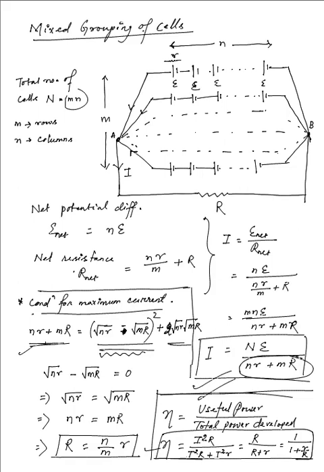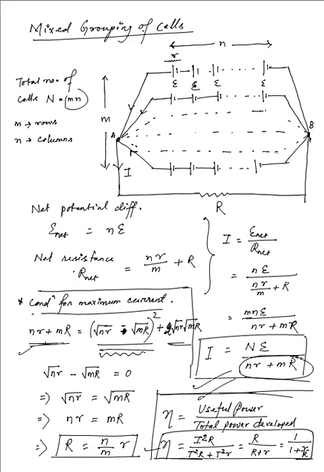Then we are done with the current and the resistance part and the cells that are involved in a circuit. Now we'll be learning about a few rules or laws that govern the working in a particular circuit. The first and foremost laws at this level that we are to learn are Kirchhoff's laws, the Kirchhoff's current law as well as the voltage law.